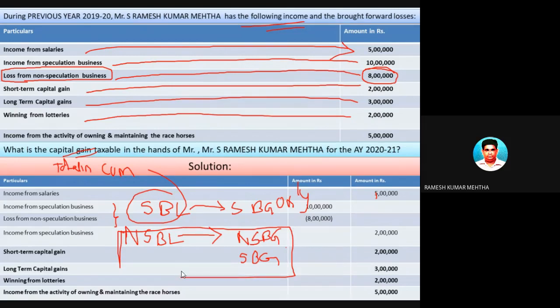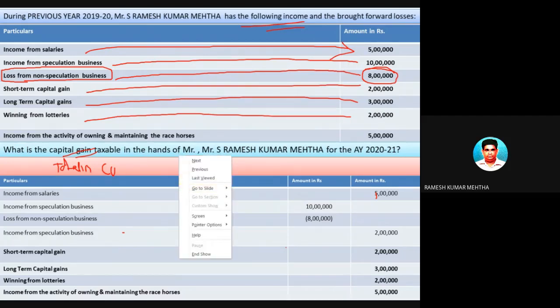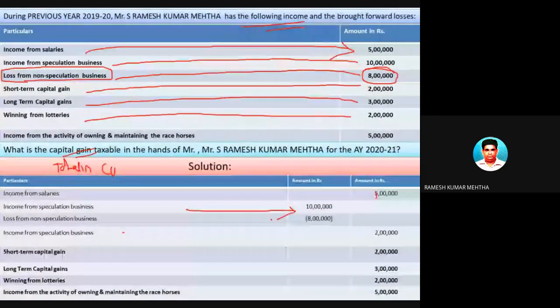So let's solve the problem with the given data. The speculative business profits in this case were 10 lakh rupees. However, non-speculative or normal business losses were 8 lakh rupees.